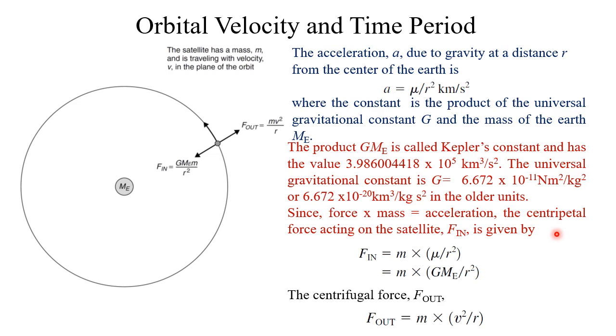So now, under equilibrium condition, when the satellite is revolving around the Earth in a circular orbit, these two forces must be the same, right? So considering this, we will try to get the expression for orbital velocity, and from that we will get the time period.